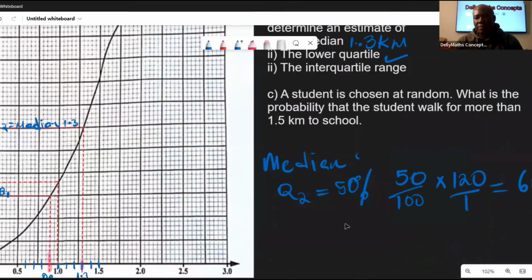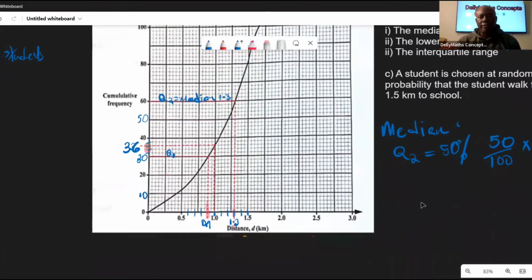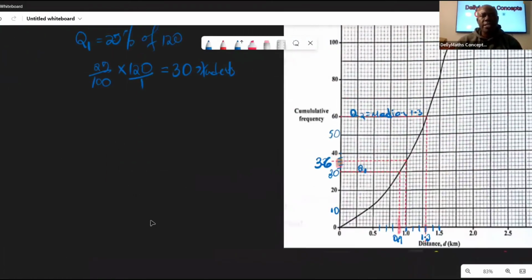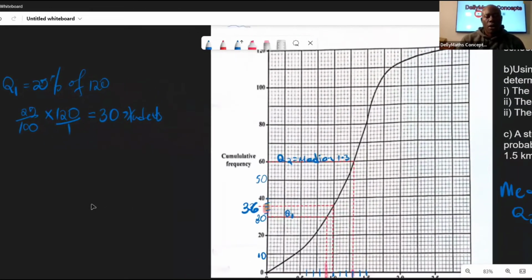So we want to make note of that response. Our lower quartile is at 0.9 kilometers. The next question says the interquartile range. Now, if we're going to be dealing with the interquartile range, then we need to understand that there is a quick formula that deals with it, right?